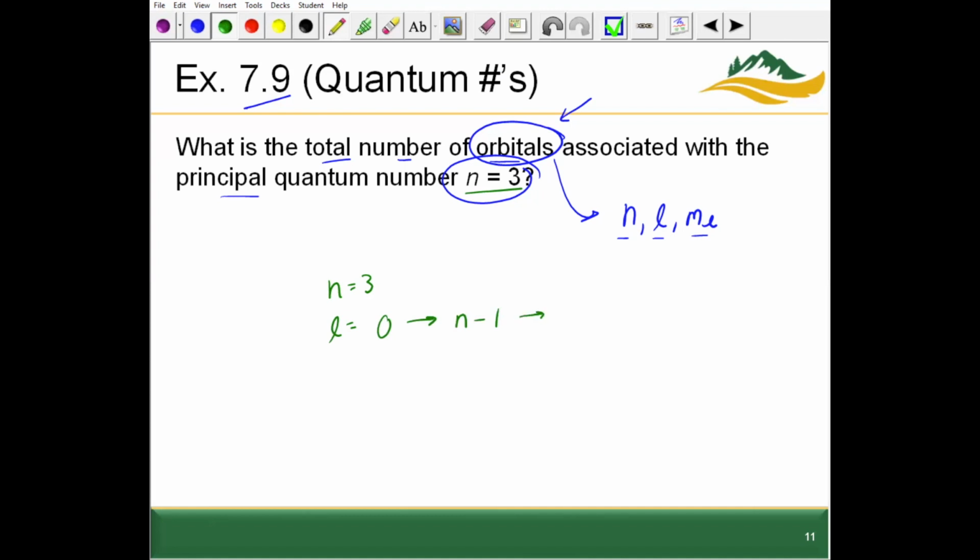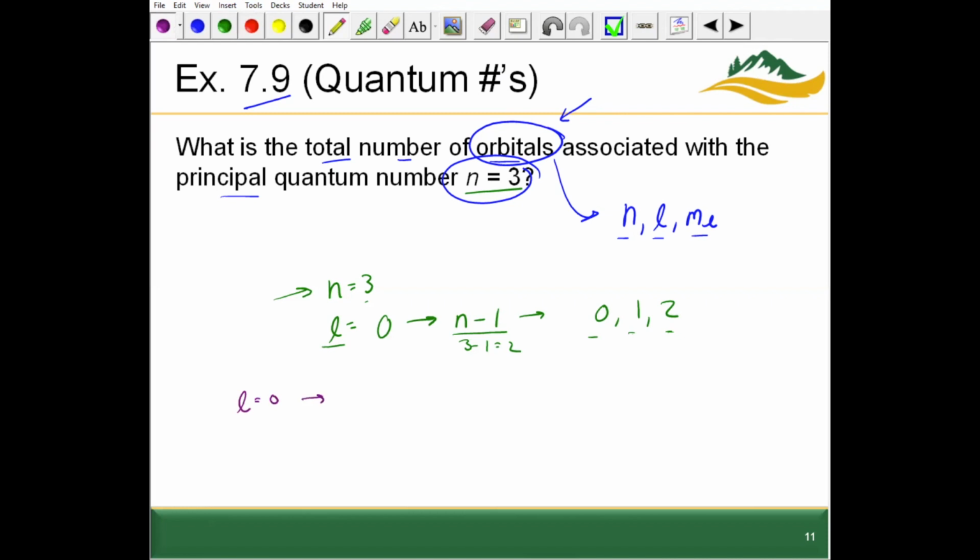That means this can be 0, 1, and 2, right? n minus 1 is 3 minus 1, that's equal to 2. So for n equal to 3, l can be an s, p, or d orbital. So l can be equal to 0, 1, or 2.